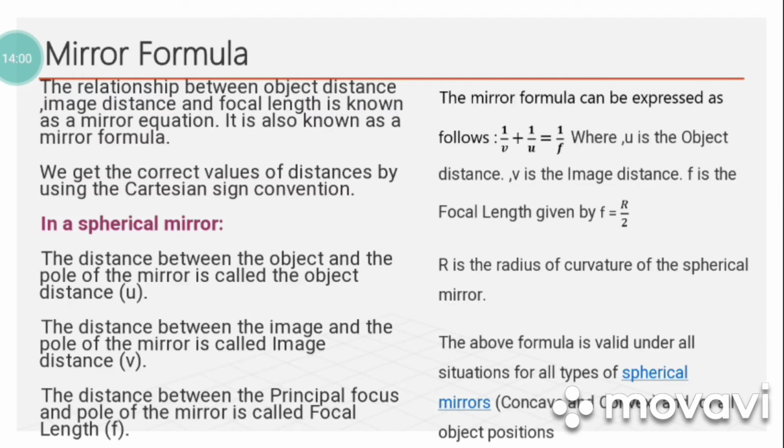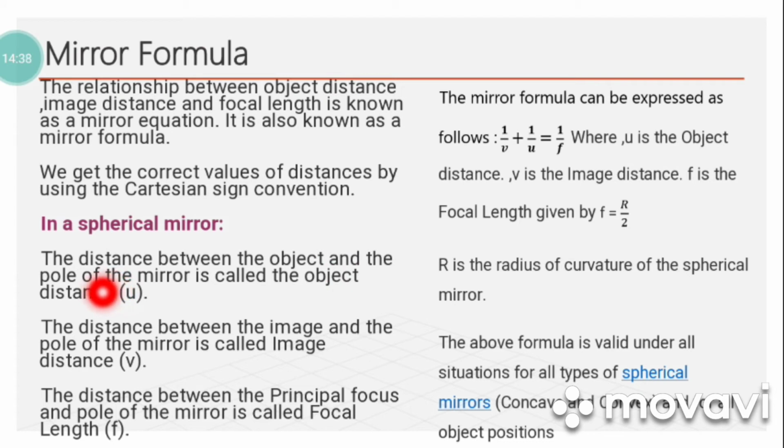What is the mirror formula? The relationship between object distance, image distance, and focal length is known as the mirror equation. It is also known as the mirror formula. We get the correct values of distances by using the Cartesian sign convention. In a spherical mirror, the distance between the object and the pole of the mirror is called the object distance.